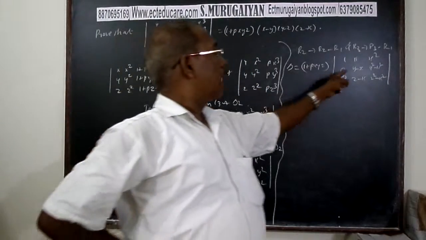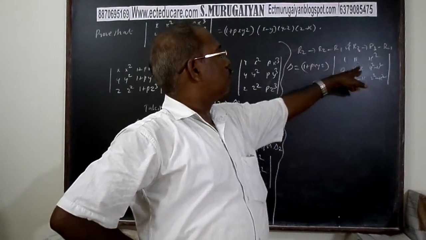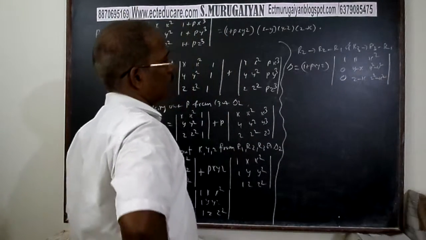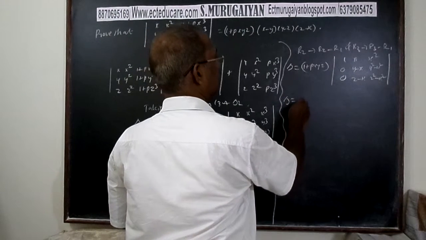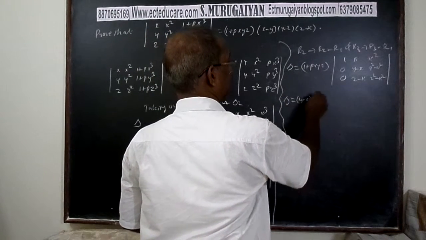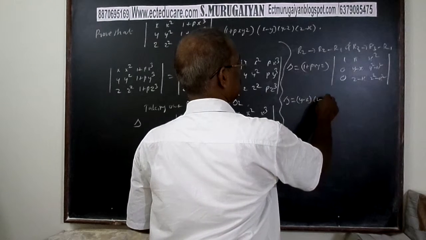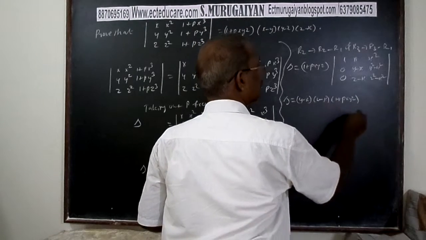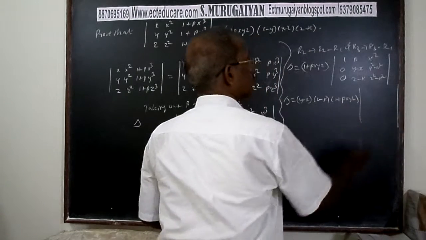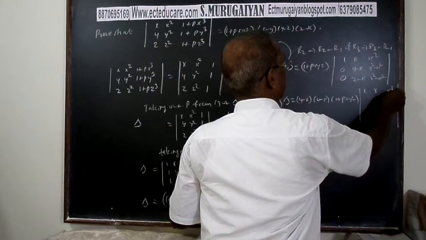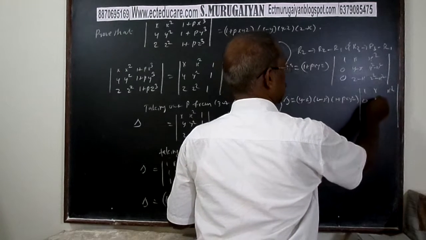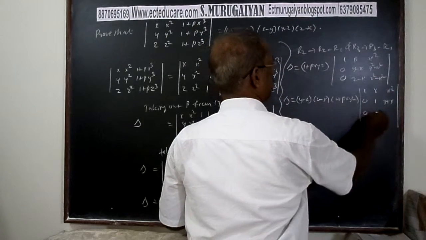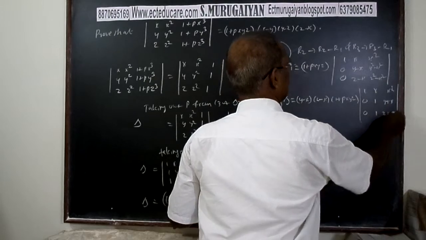From the determinant, from R2 and R3 we can take y minus x and z minus x as common factors, so delta equals (y minus x)(z minus x) into (1 plus pxyz) into 1 x x square; 0, y minus x taken out, so y plus x; and 0, z minus x common factor taken out, so z plus x.